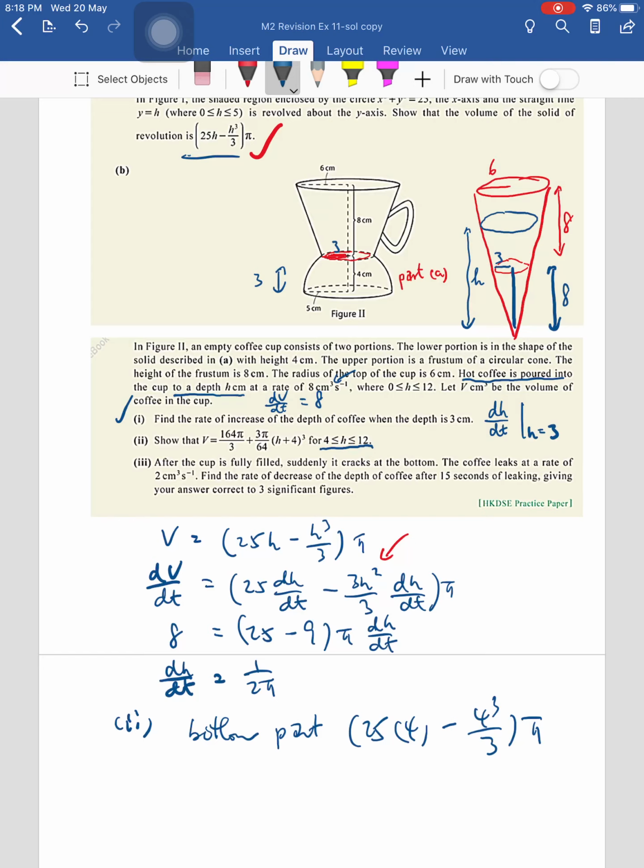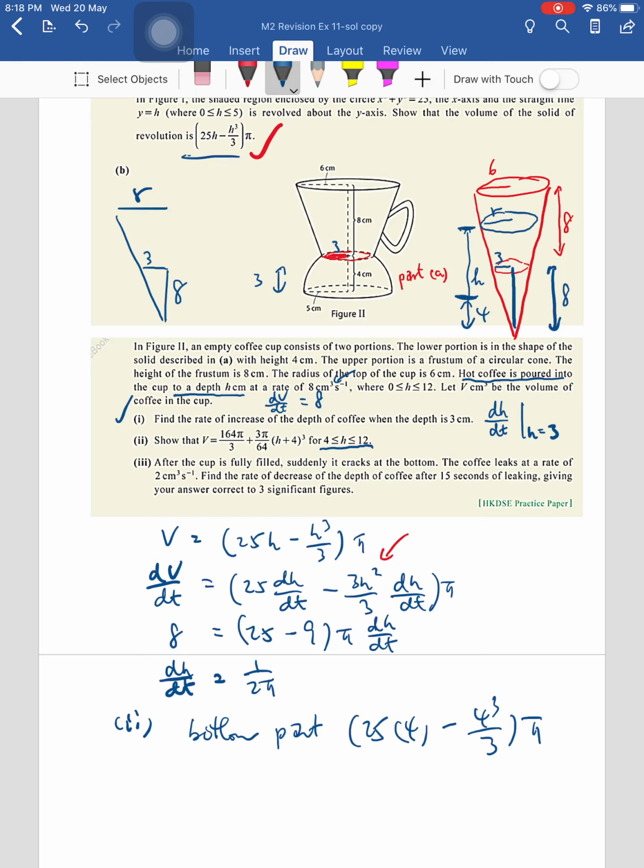So for the height of this one, you have to find the radius. The radius comes from similar triangles. I draw it here: R, 3, 8. I'm sorry, h is not here, h is just this part, and this part is 4.